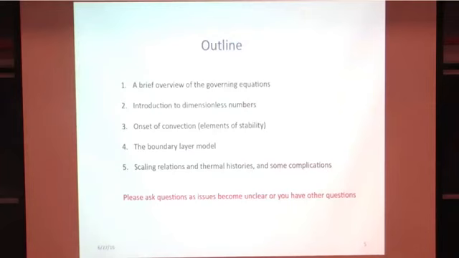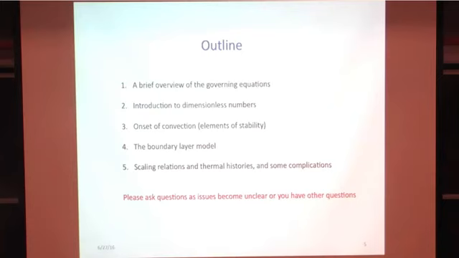So here's our objective for the next hour, including questions and discussions. We'll begin with a brief overview of the governing equations, their origin, and some of the approximations that go into them. I'll introduce you to the concept of a dimensionless number and why we care about them and what we use them for. And I will try and remember to keep a running list of the dimensionless numbers on the board.